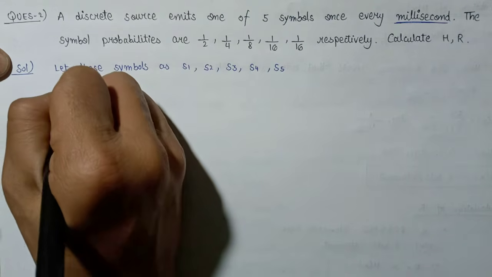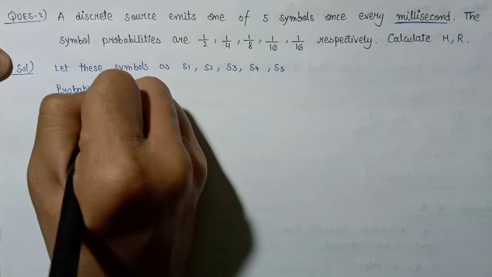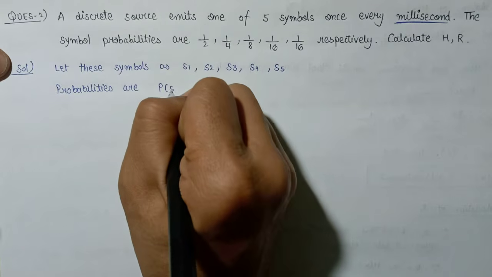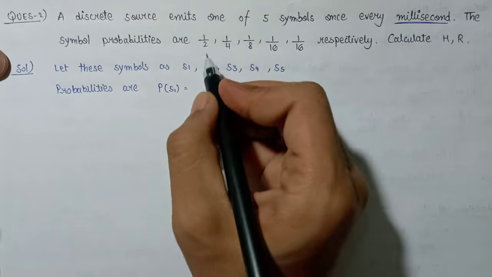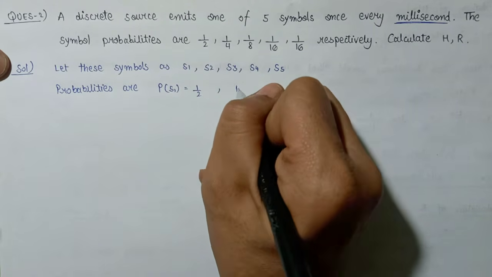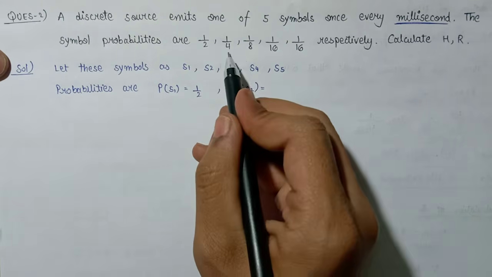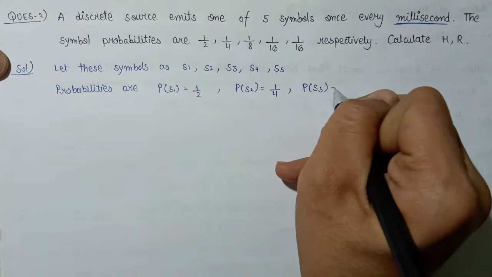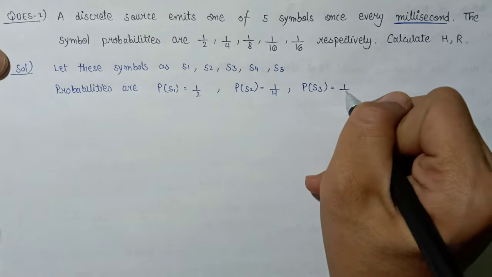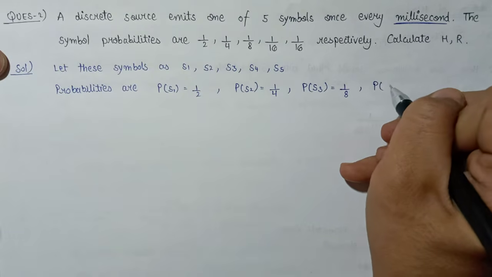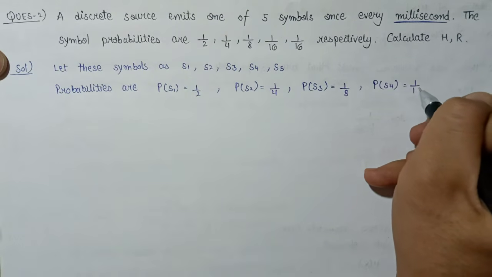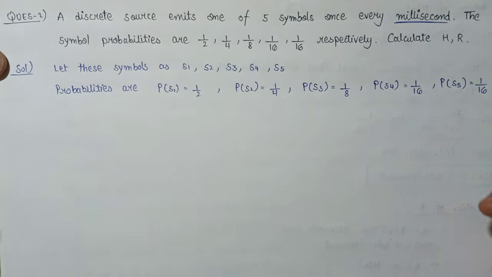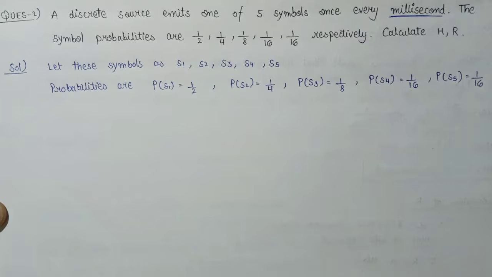Their probabilities are given as: the probability of symbol S1 equals 1/2, the probability of symbol S2 equals 1/4, the probability of symbol S3 equals 1/8, and the probability of symbol S4 is 1/16 and the probability of symbol S5 is 1/16.